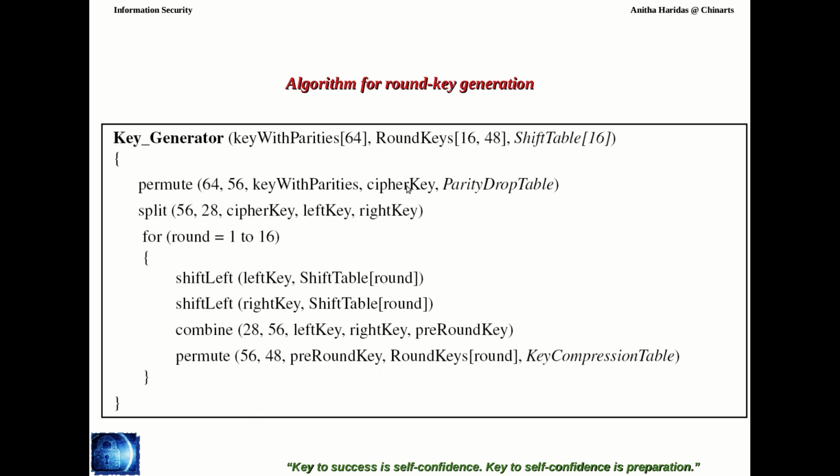If you observe the algorithm for the round key generation, it is very interesting. Here the key with parity, 64 bits, will be given as the input, and the round keys for 16 different rounds, each of 48 bits, will be generated as the output, using the shift table.